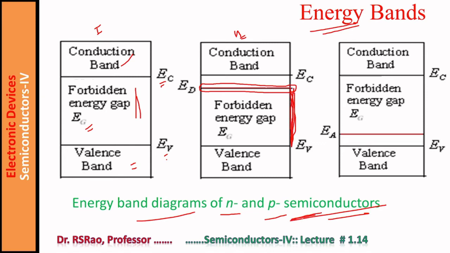Similarly, in the case of P semiconductors, the energy band diagram is the same as that of the intrinsic semiconductor, except for one difference: an energy level is added here. This allowed energy level is indicated by EA. The presence of EA reduces the gap. Reducing the gap means, as already mentioned, more possibility for the valency band electron to jump to the conduction band.